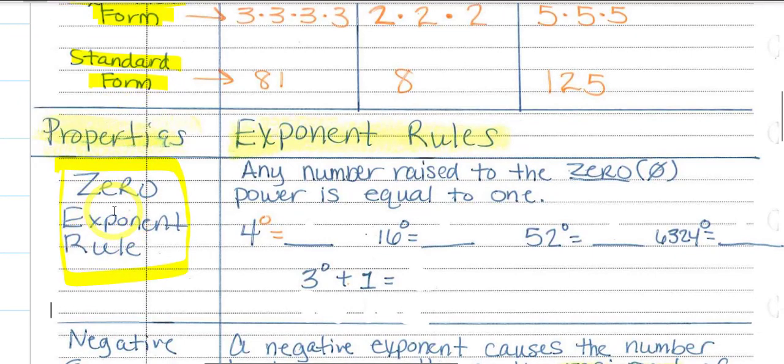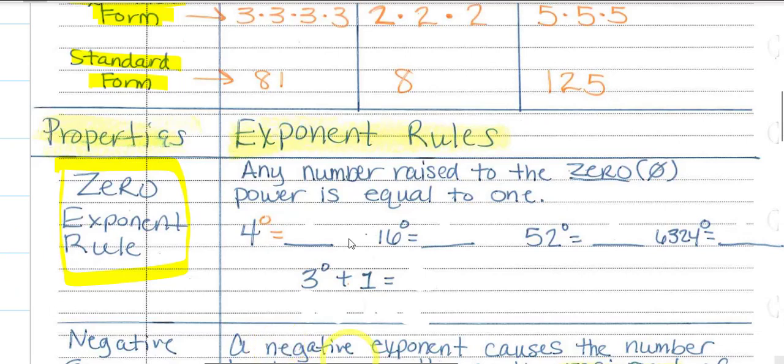This is going to tell us what we do when we see an exponent of 0. It says here, any number raised to the 0 power is equal to 1. So no matter what the base is, if the exponent is 0, that value is equal to 1.